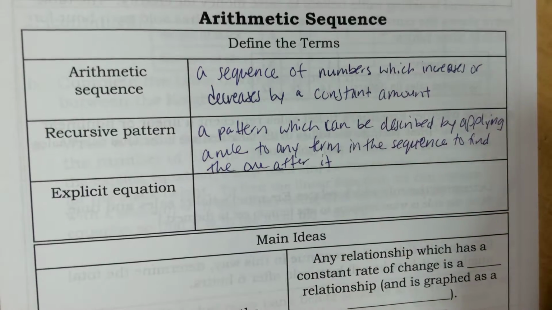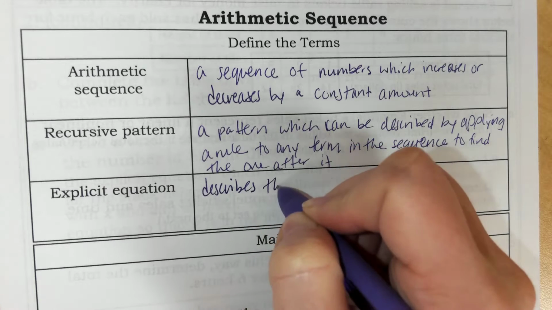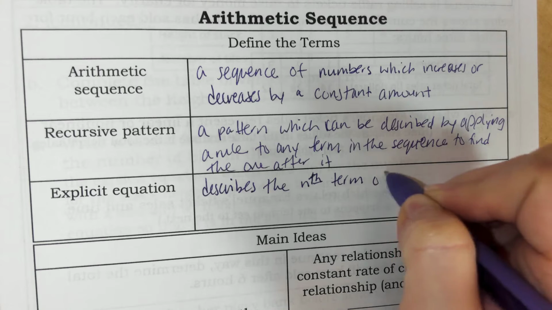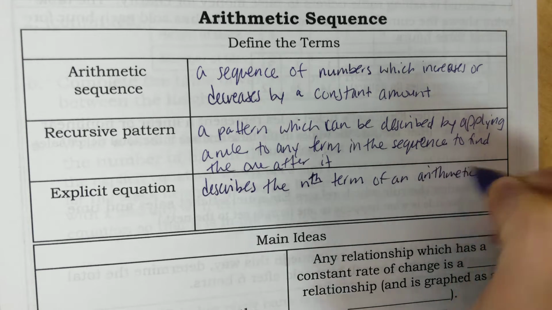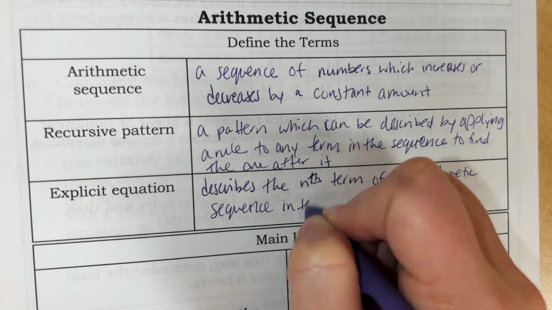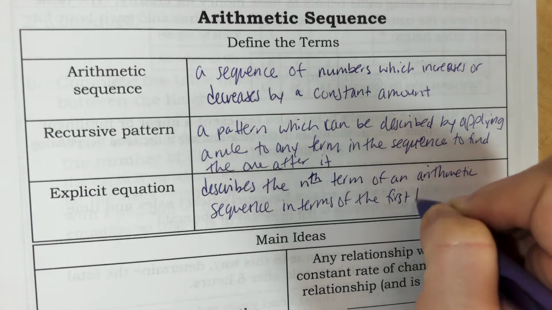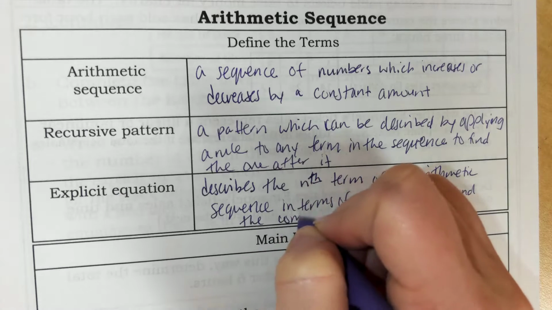And then finally, the explicit equation describes the nth term of an arithmetic sequence in terms of the first term and the common difference.